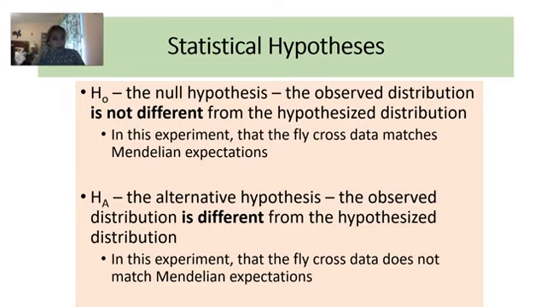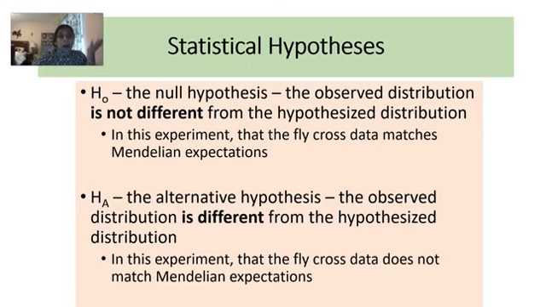Anytime we are using statistics, we have to have our hypotheses derived first. So we have our main hypothesis that is going to be dependent on what is expected based on Mendelian ratios. And then we're going to have our null hypothesis. The null hypothesis is essentially going to be that the observed distribution is not different from the hypothesized.